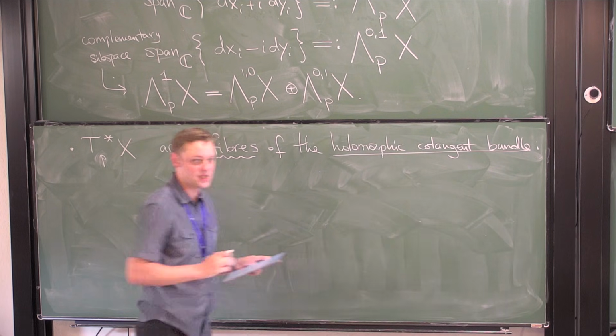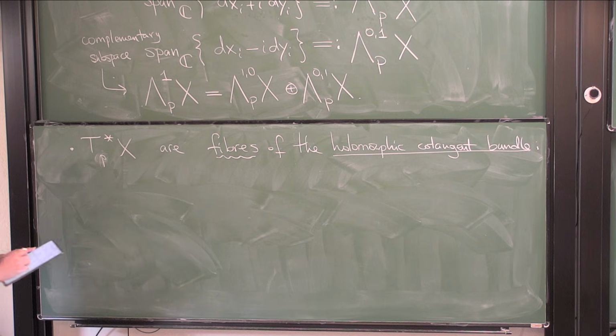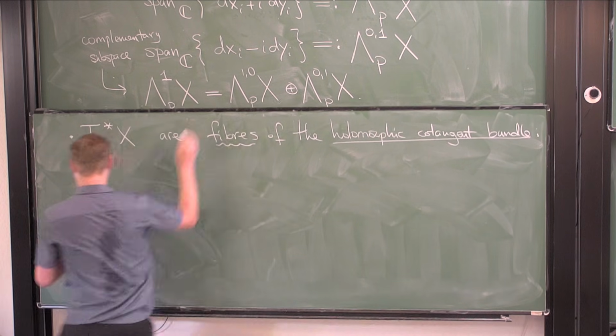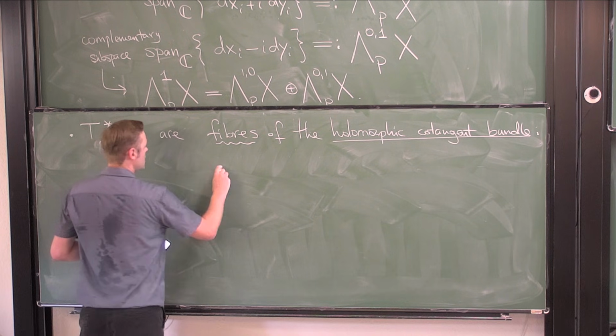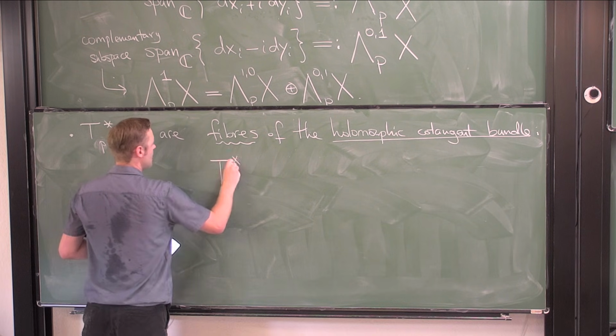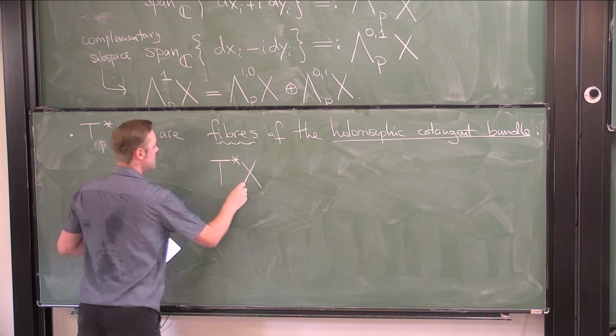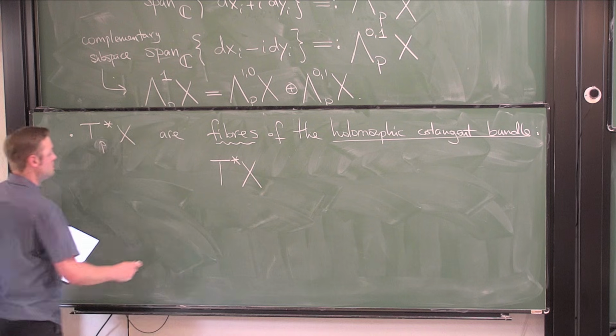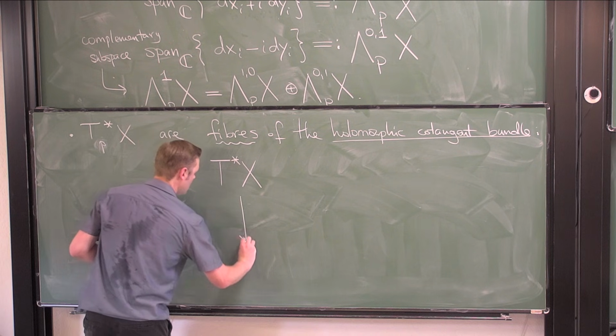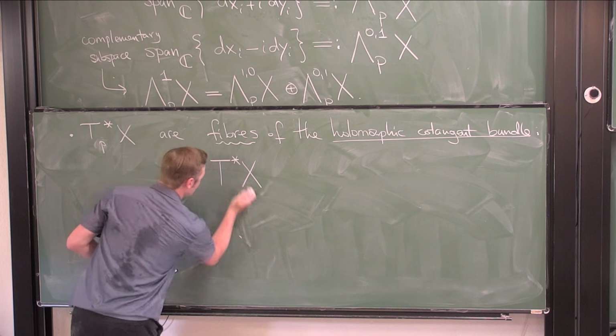So if you've never seen vector bundles before, fret not. It's a really simple thing. The notation is T^* X, so I'm just dropping the subscript p to indicate which point I'm at. What is this?